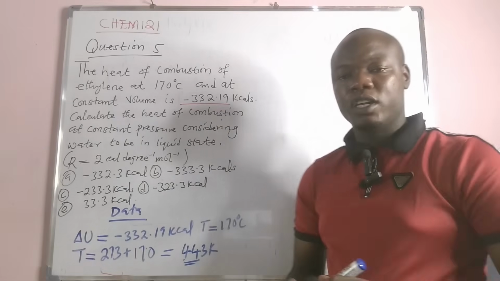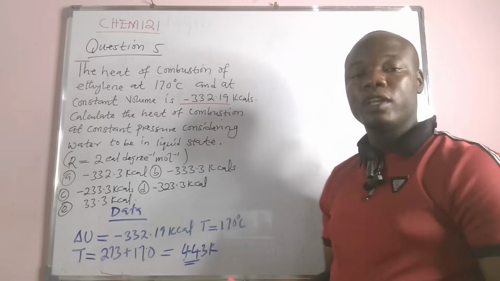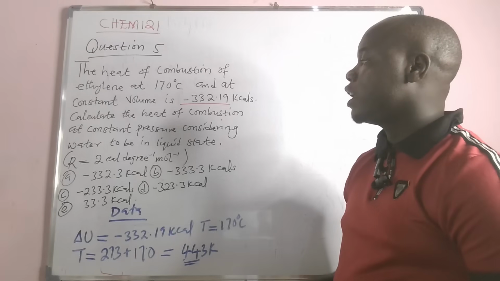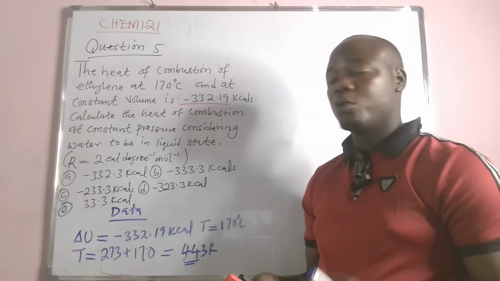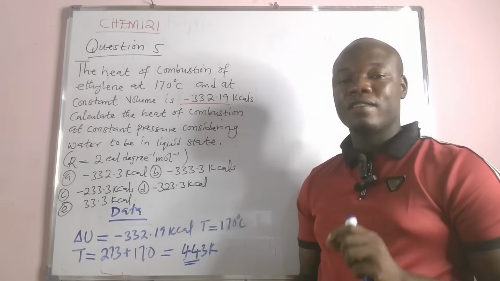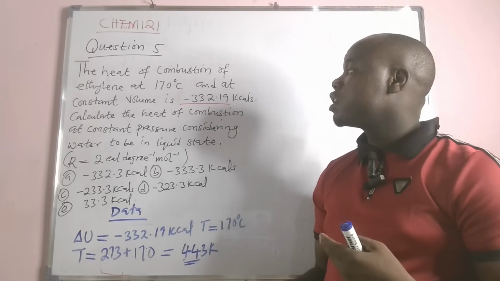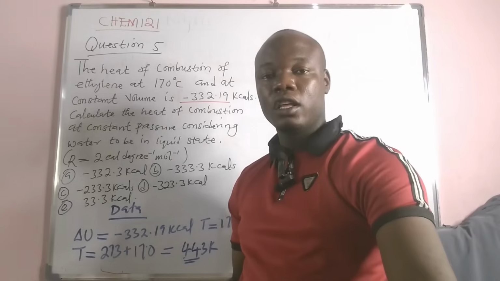So we need to derive the equation for the heat of combustion. How do we derive the equation of heat of combustion? We know that when we say combustion, it means the burning of a substance or the burning of hydrocarbon in the presence of oxygen to generate carbon dioxide and water.